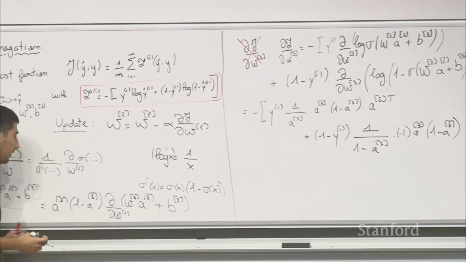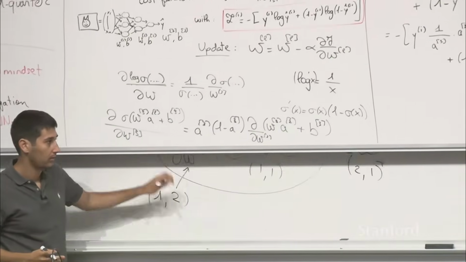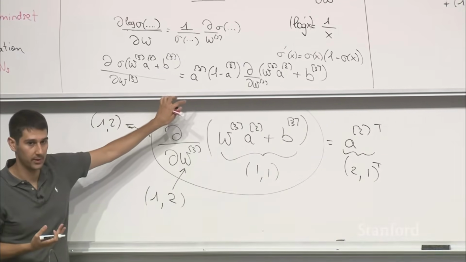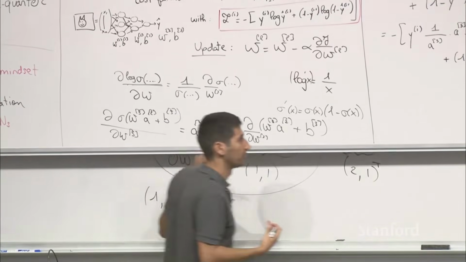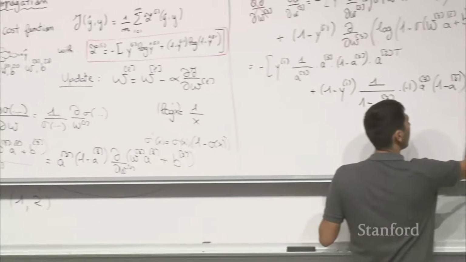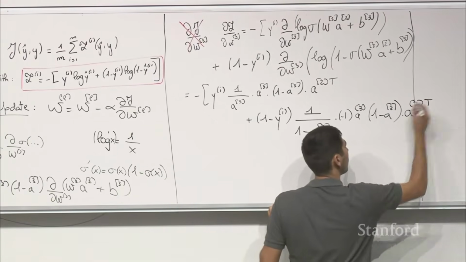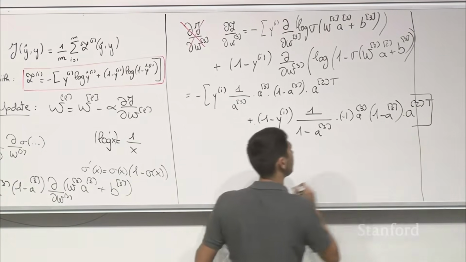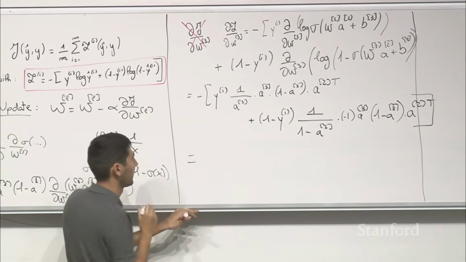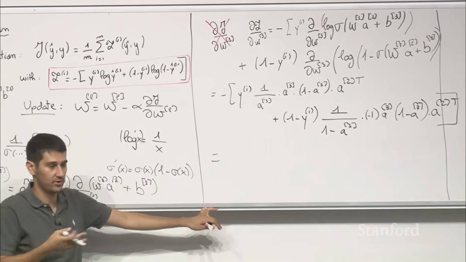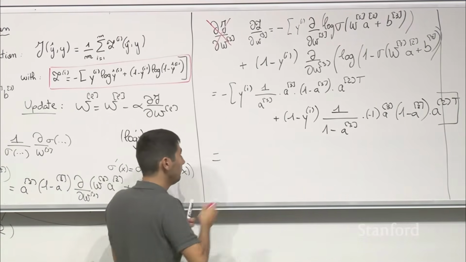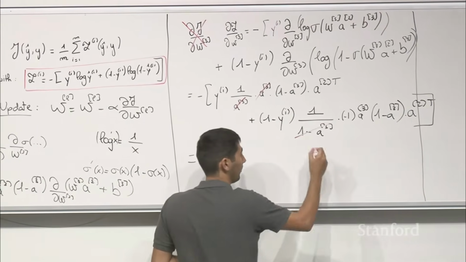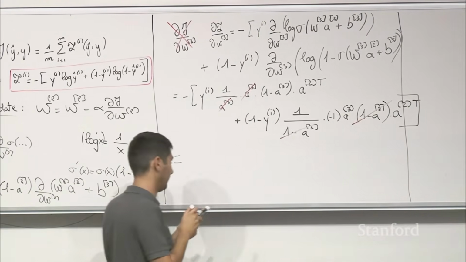And what's the last term? The last term is simply the one we just talked about. It's the derivative of what's inside the sigmoid with respect to W3. So it's A2 transpose again. Okay? So now I will just simplify. I know that this scalar simplifies with this one. This one simplifies with that one.